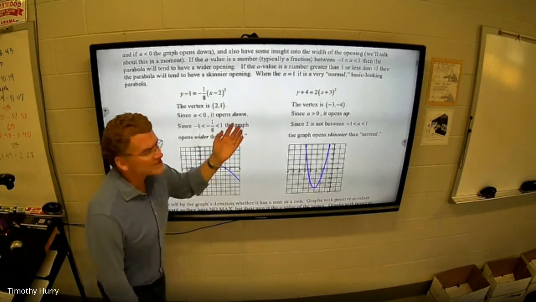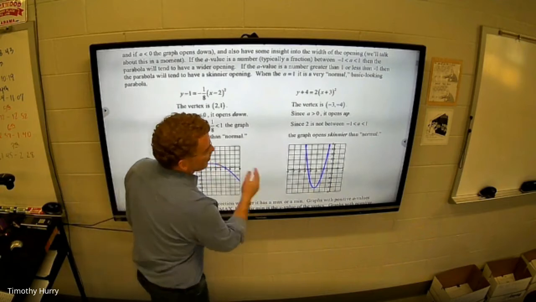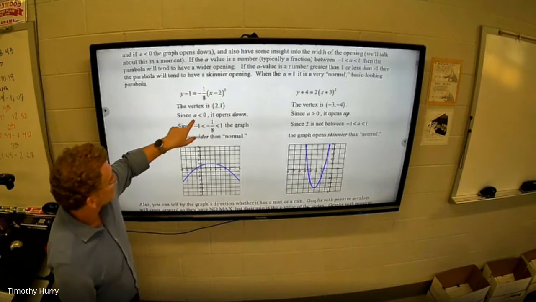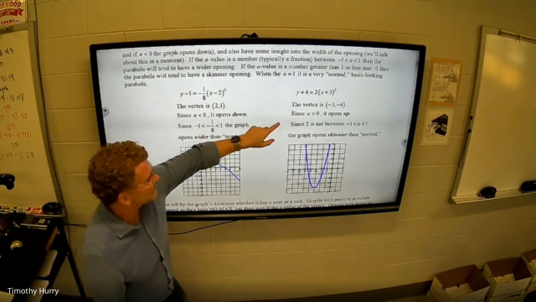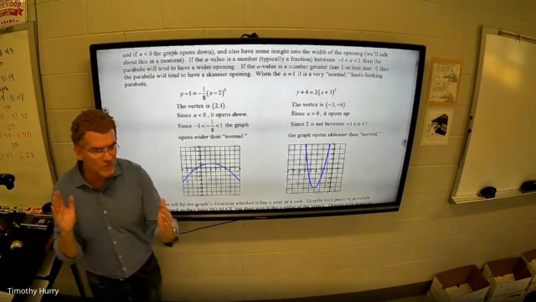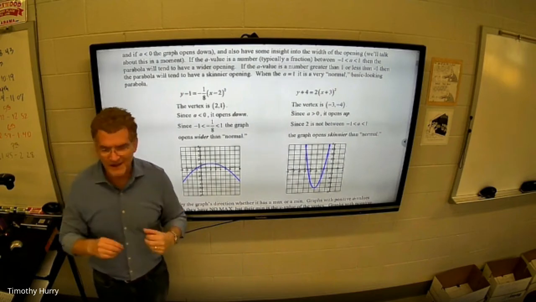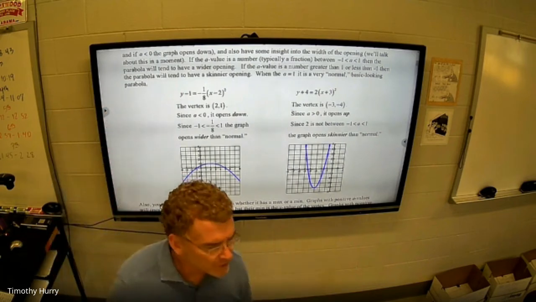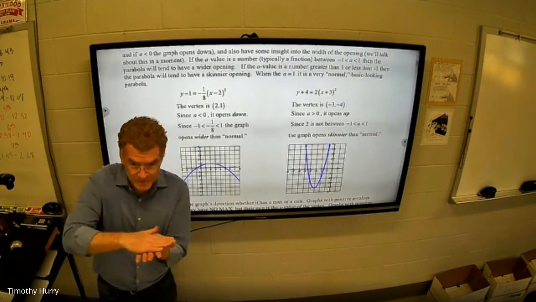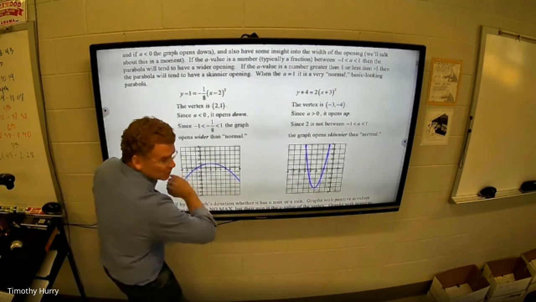Okay, so I'll talk about how to use the size of that number to determine the actual width of it. But for right now, if you see a value that's smaller than 0, you know it's going down. If it's bigger than 0, it's going up. Also, if you see a number that's between negative 1 and 1, like 1/10, 1/12, 3/20, small fractions that are close to 0 on a number line, they give you wider looking parabolas.